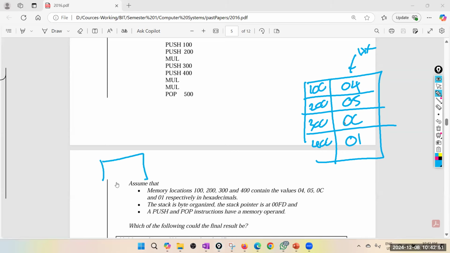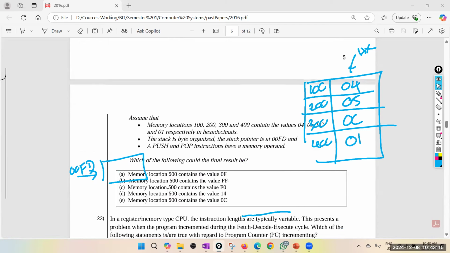The push and pop instructions have a memory operand, so that means they are referring to memory addresses. So when we say 300, it refers to a memory address. Which of the following could be the final result B? Memory location 500 contains 0F. So basically, what is the final value in memory location 500?